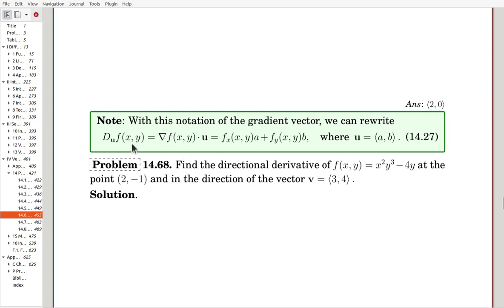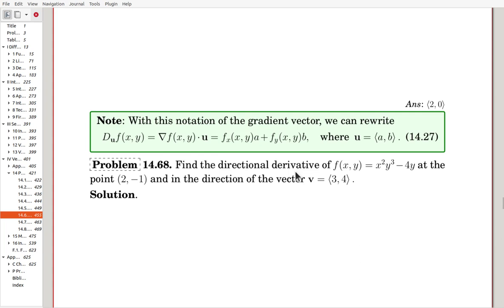But anyway, here D sub u f is the gradient of f and u dot product. Okay, so later on we'll consider some details about maximizing directional derivative.